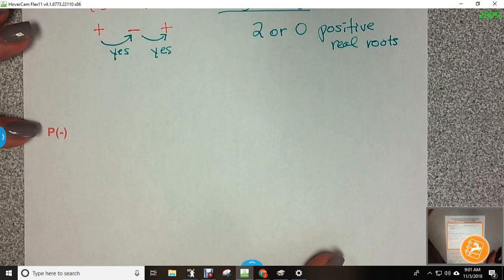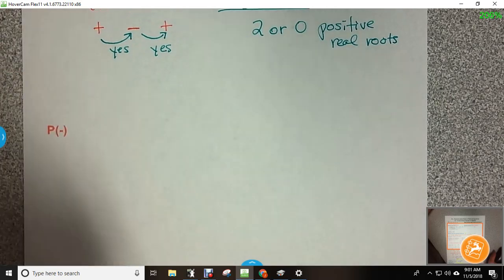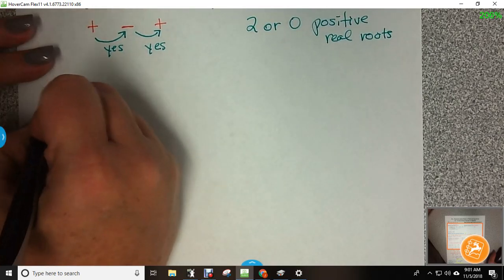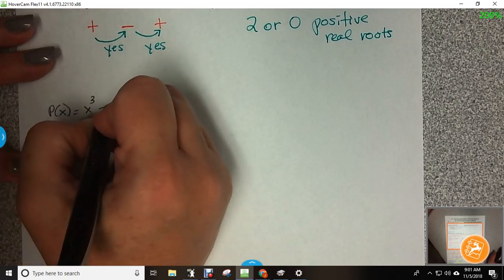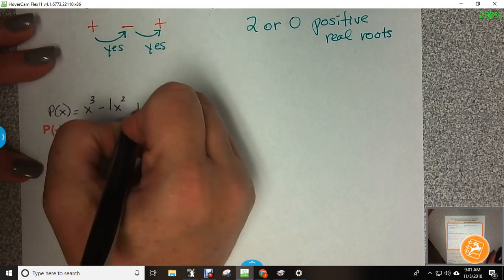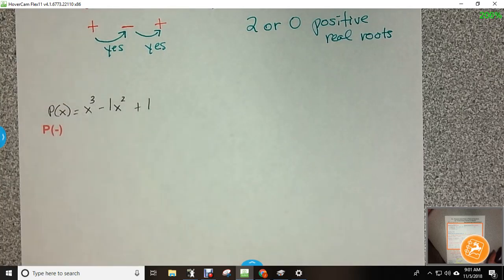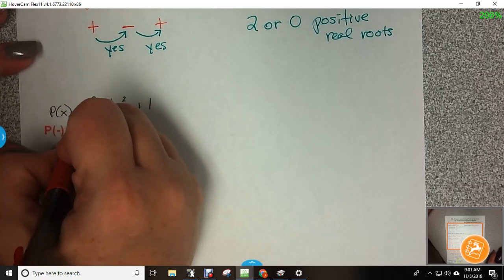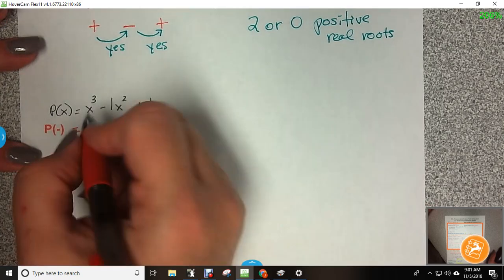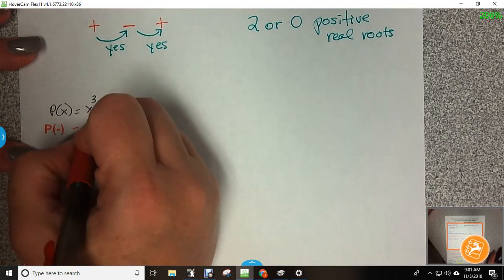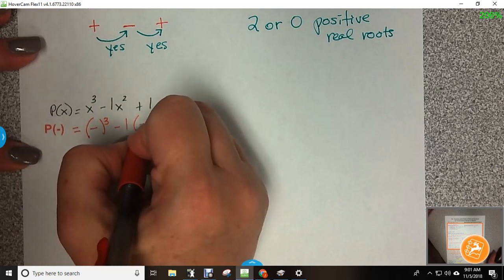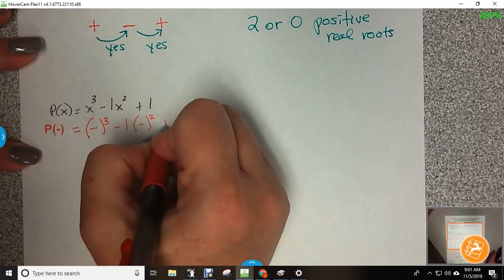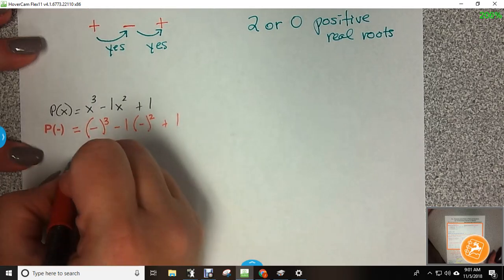Let's test P of negative. And let me recopy my P of x down here. So when I substitute in a negative number for x, a negative number cubed minus 1 times a negative number squared plus 1.